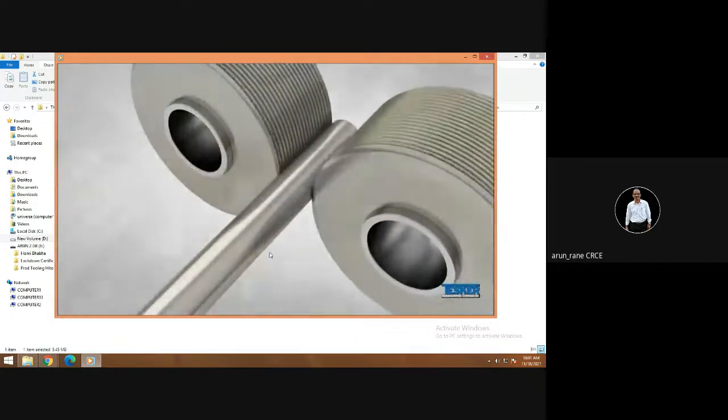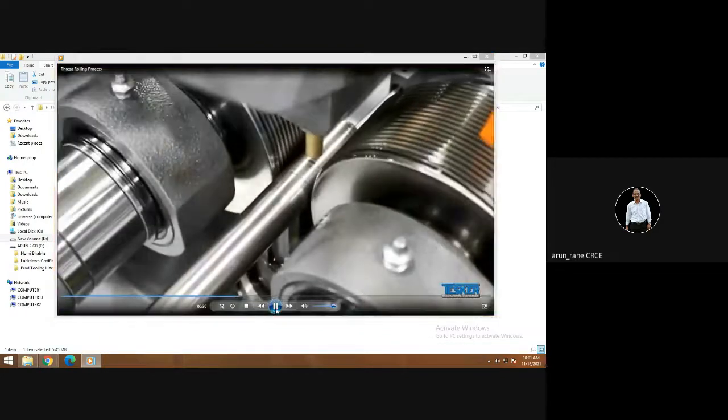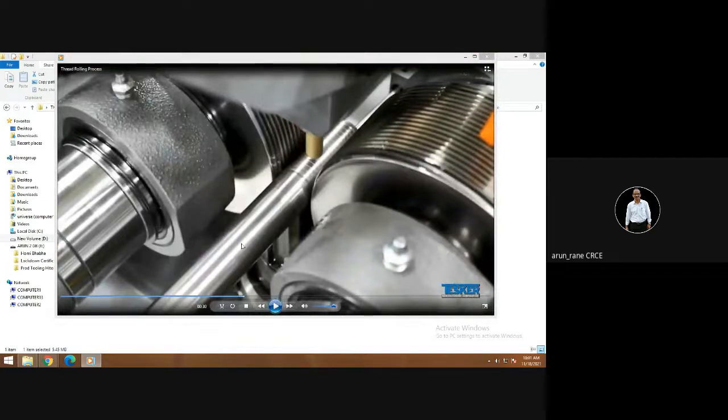So you have a blank here. This is a workpiece, and these are the two rolls. These rolls conform to the pitch of the thread.